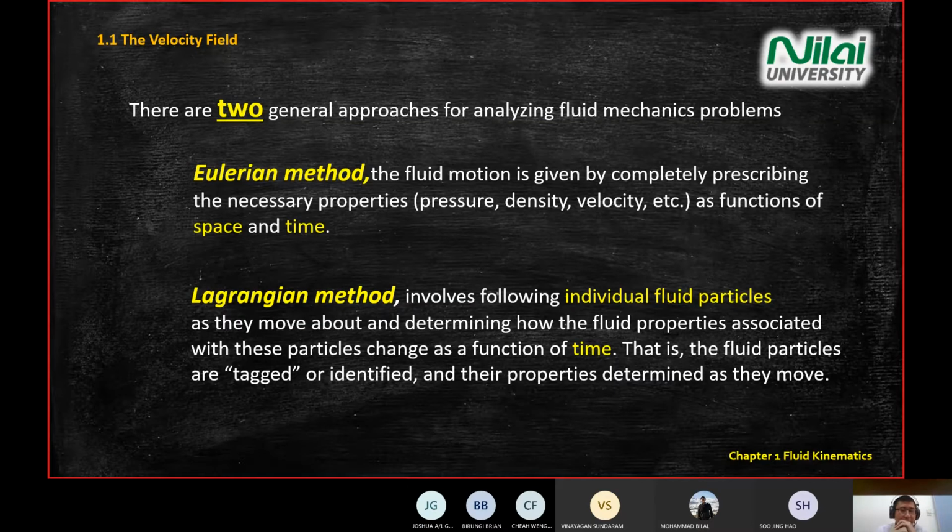Later, we'll look at it in the next slide. The Lagrangian method focuses on individual fluid particles and looks at the function of time only.